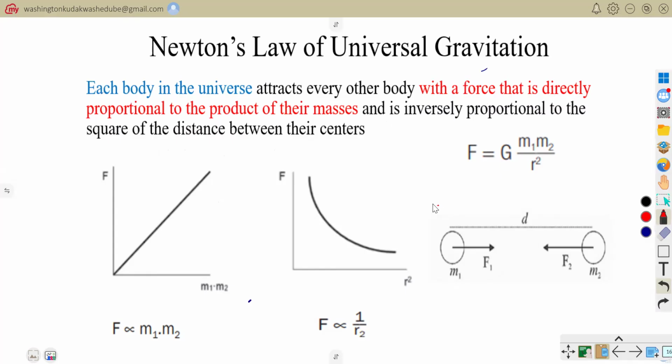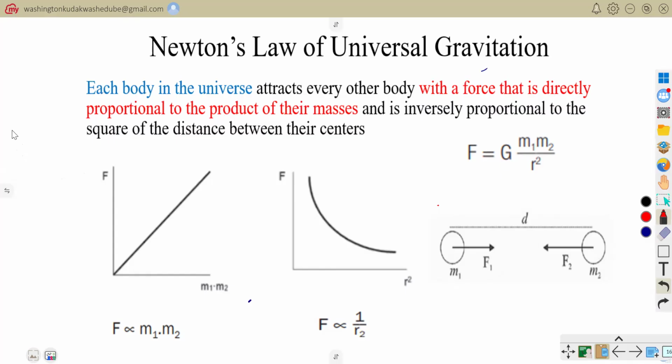So what it simply means is that Newton's law of universal gravitation foretells us that whenever there are two bodies in the universe, each body attracts every other body with a force that is directly proportional to the product of their what? Of their masses.